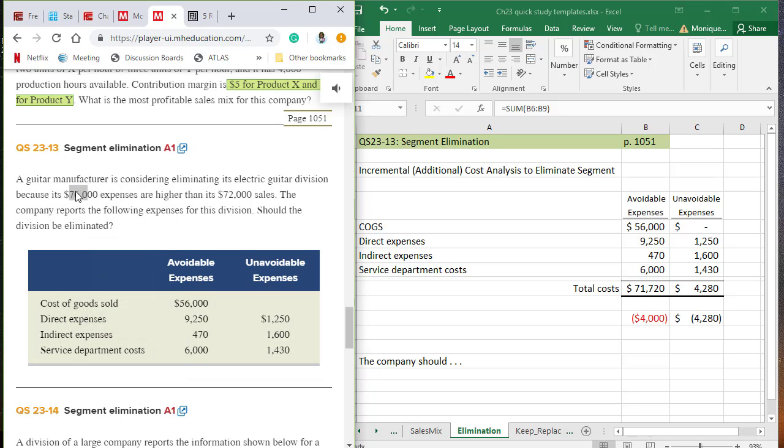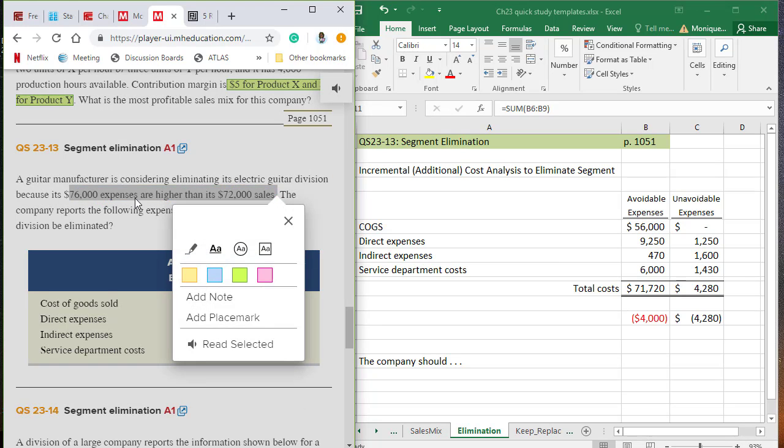And when you look at your revenue of $72,000 in sales and your expenses of $76,000, you don't want to do this because, oh my goodness, I'm going to be losing $280 more just by getting rid of it. So you got to find another way to come up with some additional revenue to cover that additional loss if you want to eliminate it.